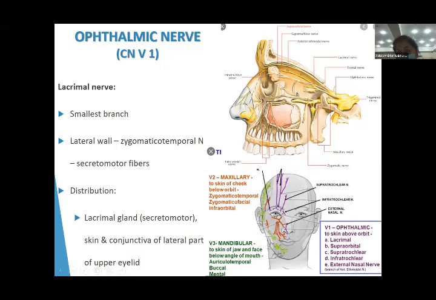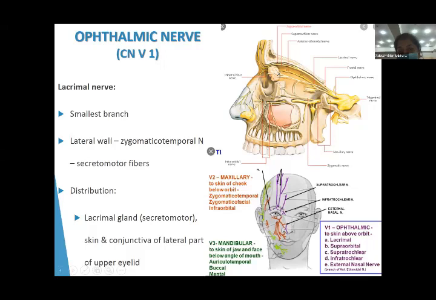The zygomatico-temporal gives a communicating branch to the lacrimal nerve, which is the branch of ophthalmic division of trigeminal. ये जो communicating branch है, this conveys secretomotor fibers to the lacrimal nerve.